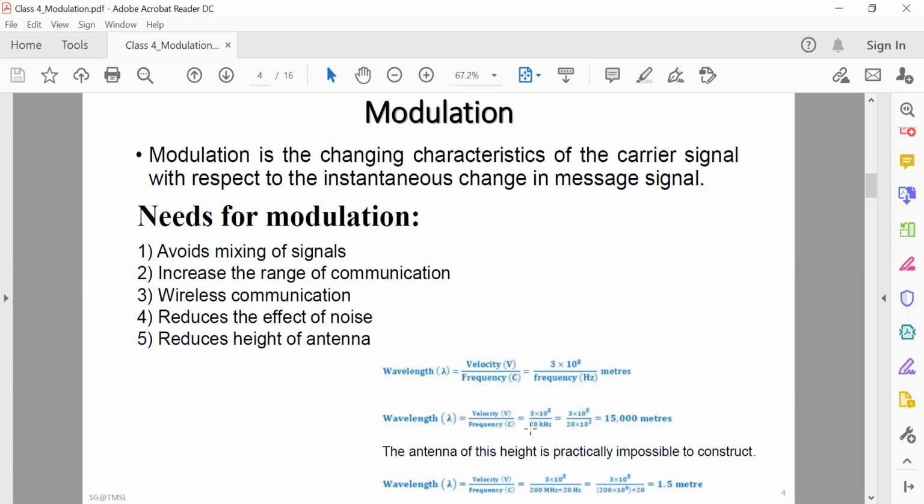So 20 kilohertz has been assumed. If you calculate it, the wavelength is 15,000 meters. And an antenna of this height is practically impossible.